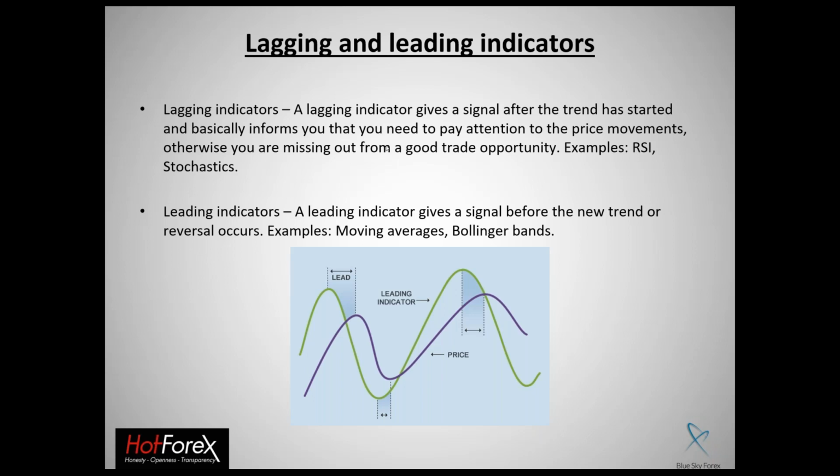Okay. Then you have the leading indicators, which are the moving averages and the Bollinger Bands. Actually, I think I need to apologize because it seems it's actually the other way around. There has been a small mistake in the examples. They should be the other way around.